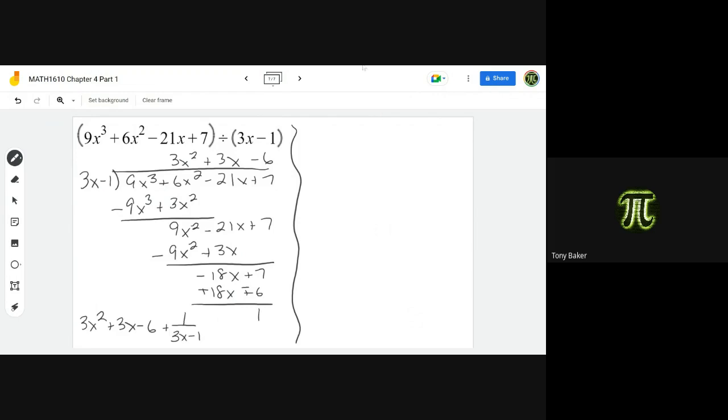You can see this one was pretty straightforward. Everything was in order. There was nothing missing. So we get 3x squared plus 3x minus 6. And then there was a remainder of 1 at the end.